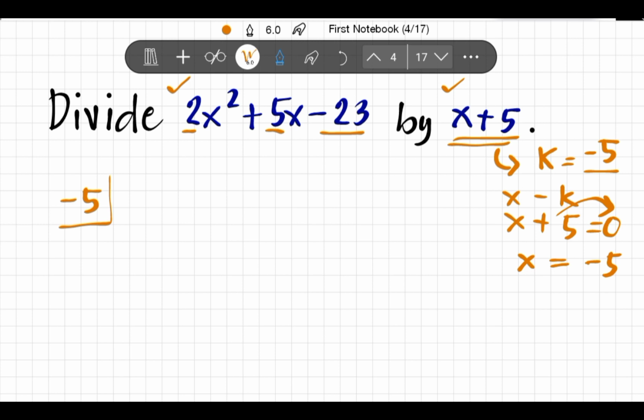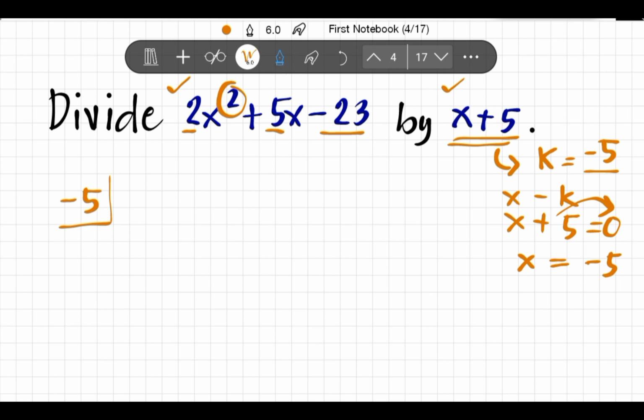But another important thing that you need to consider before writing the coefficients of the dividend is to make sure that the given dividend is written in standard form. Again, when we say that it is written in standard form, the exponents of the polynomial are in decreasing order.